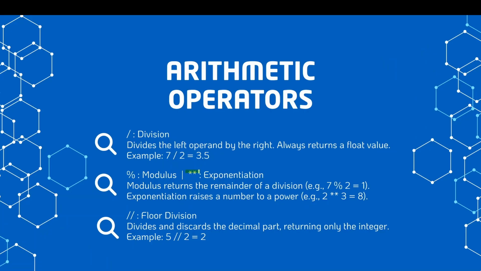As you can see, we are using two asterisks. This one works as our exponentiation. Like it is written here, exponentiation raises a number to a power, that is 2 power 3 is equal to 8.